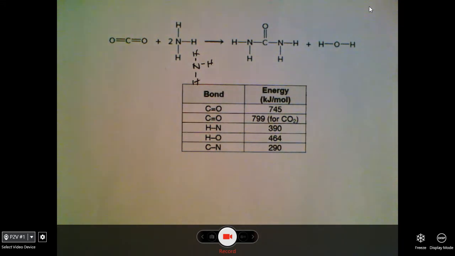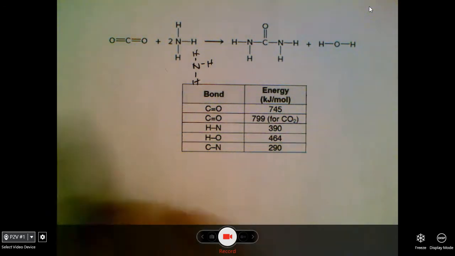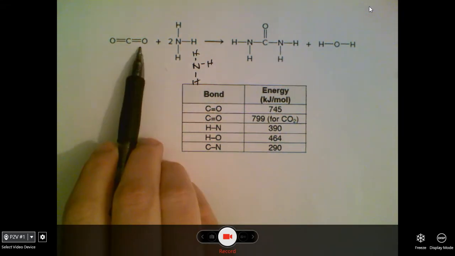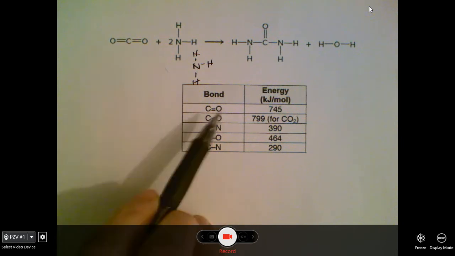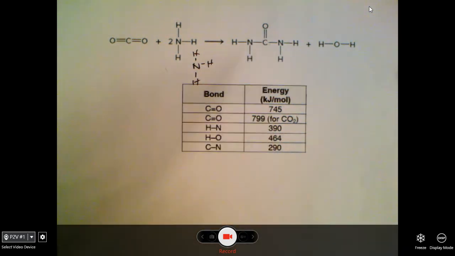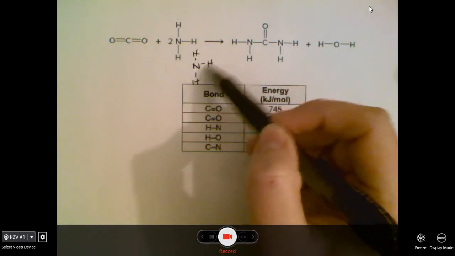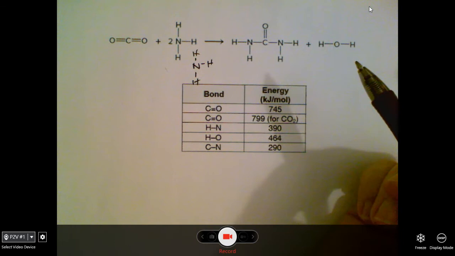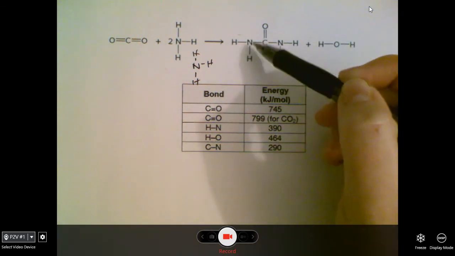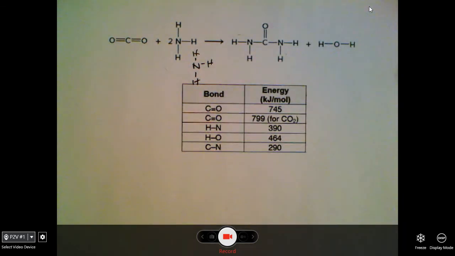But what I think is going to be important is taking a look at what is the same in these, because some of this is the same. Now we have 2 C to O double bonds, but it's in CO2, and it's established down here that those are different energy values. So that's not anything we can cancel out. But if you look here, I have 6 N to H connections that are single bonds on my reactant side, and I've got 4 of them over here on the product side.